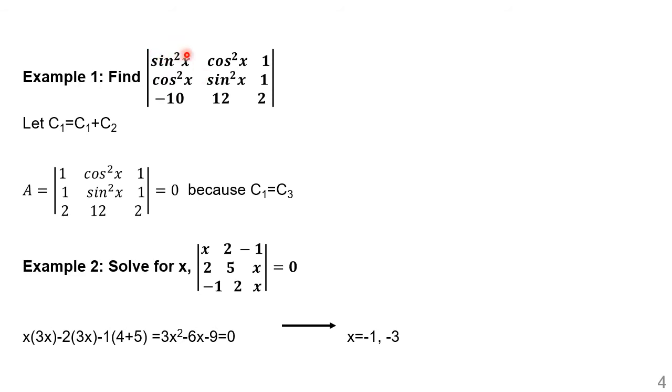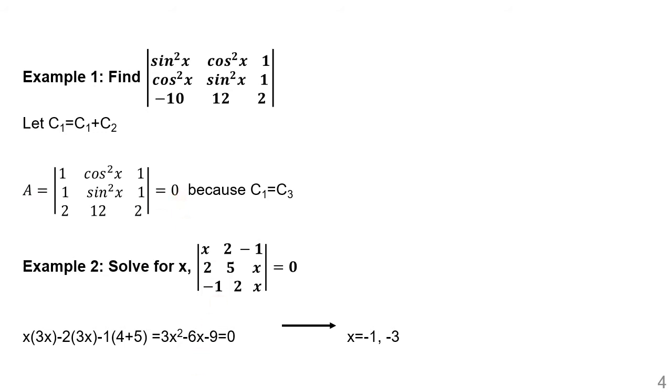That is sin square x plus cos square x equal to 1. Cos square x plus sin square x is equal to 1. Minus 10 plus value is equal to 2. Here you can observe that two columns are equal, that is column 1 is equal to column number 3. Therefore, the determinant of this matrix is equal to 0.